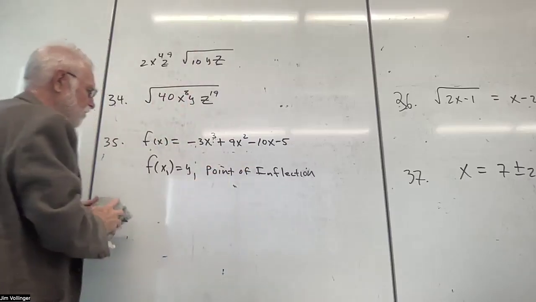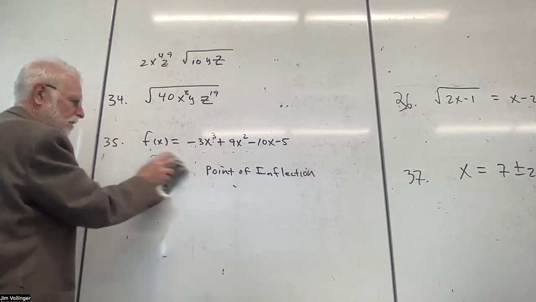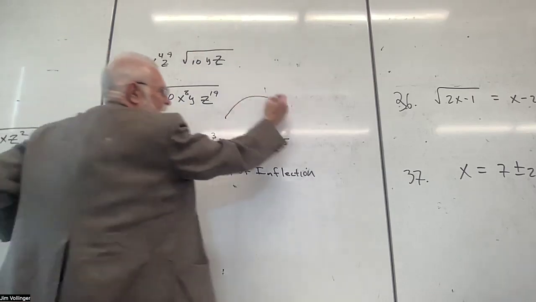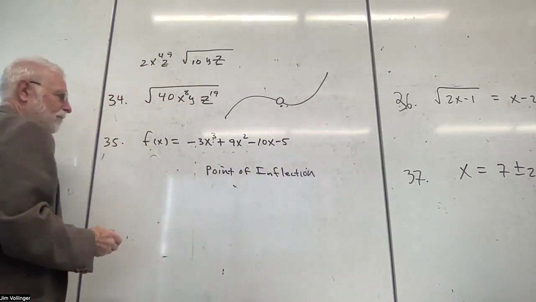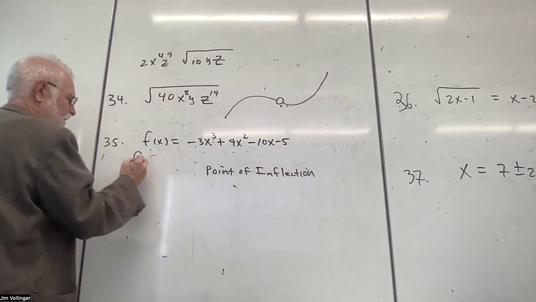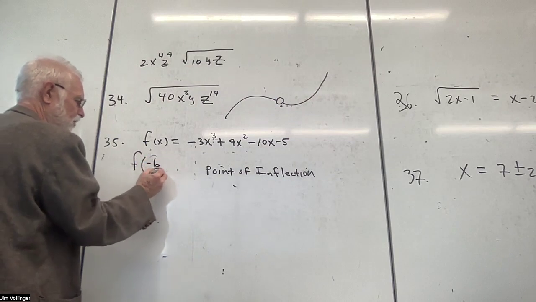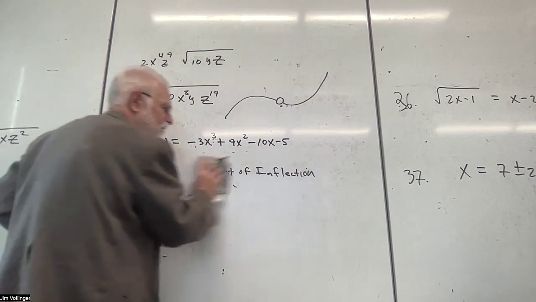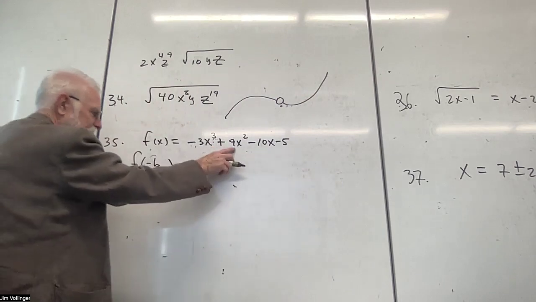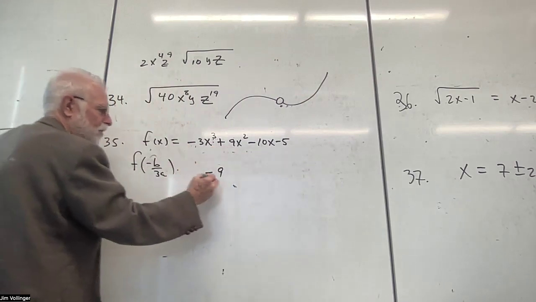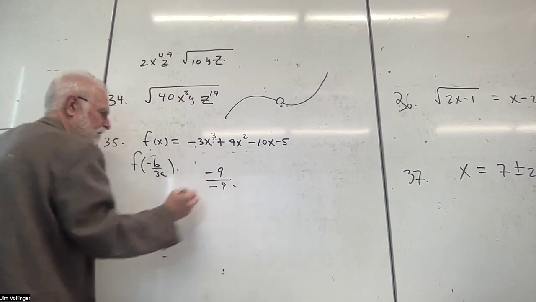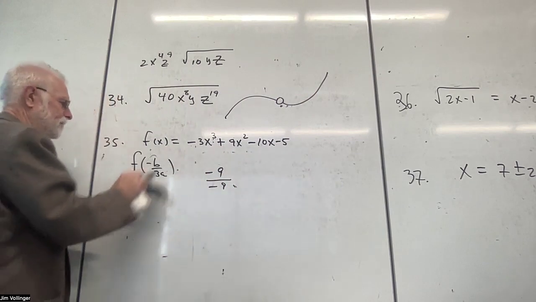Point of inflection. I don't think you should wait till you get to calculus to learn about points of inflection. Concave down to concave up. All right, so what do we have for a point of inflection here? F of minus b over 3a. Boy, that should sound familiar. So minus b, minus 9, 3 times negative 3, negative 9, nice easy number, 1.